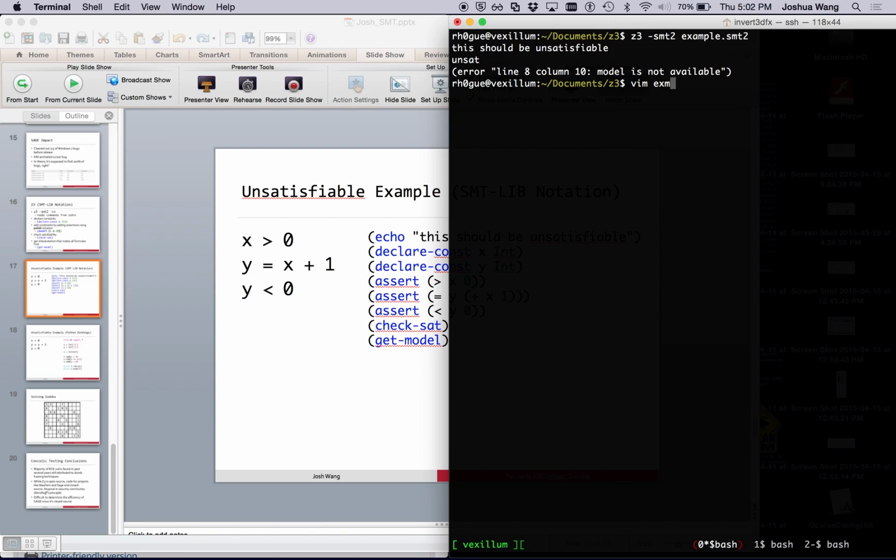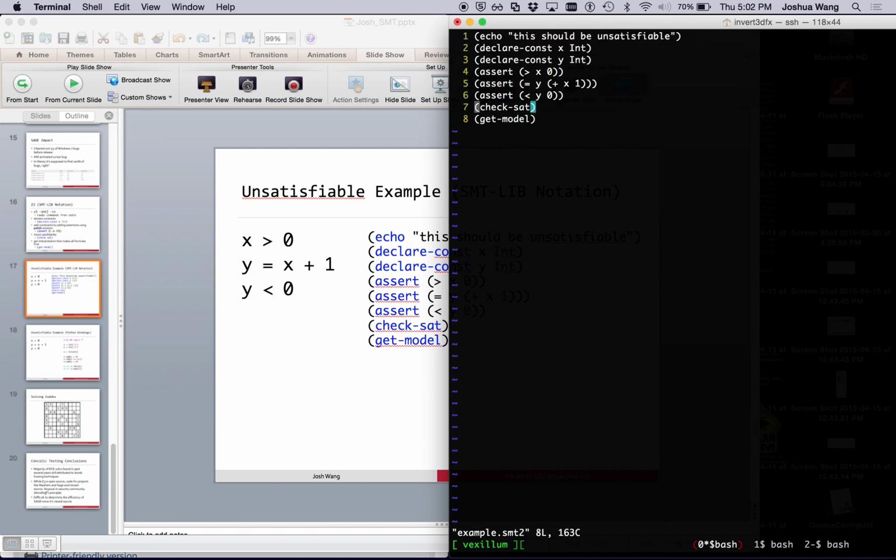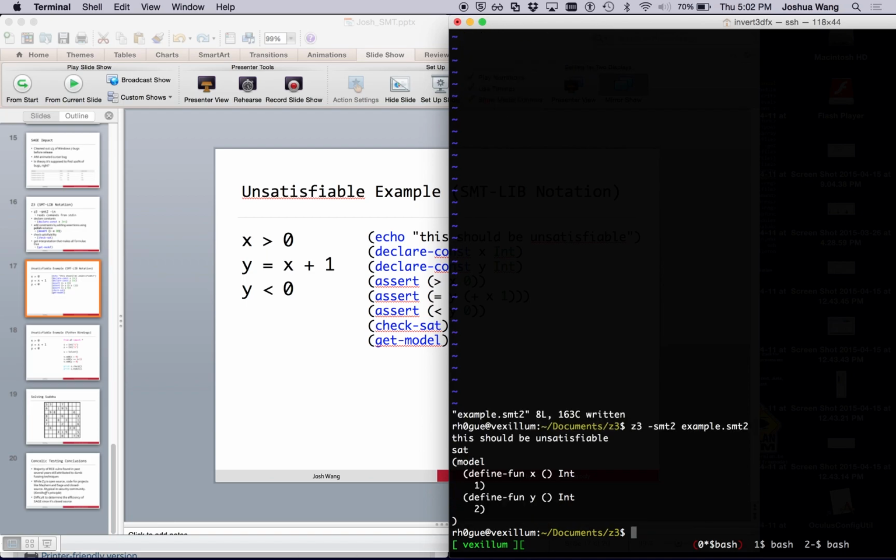So if we change this to make this satisfiable, then it says sat. So it's satisfiable, and ignore the part at the beginning. The solution is 1 and 2, so x is equal to 1 and y is equal to 2.